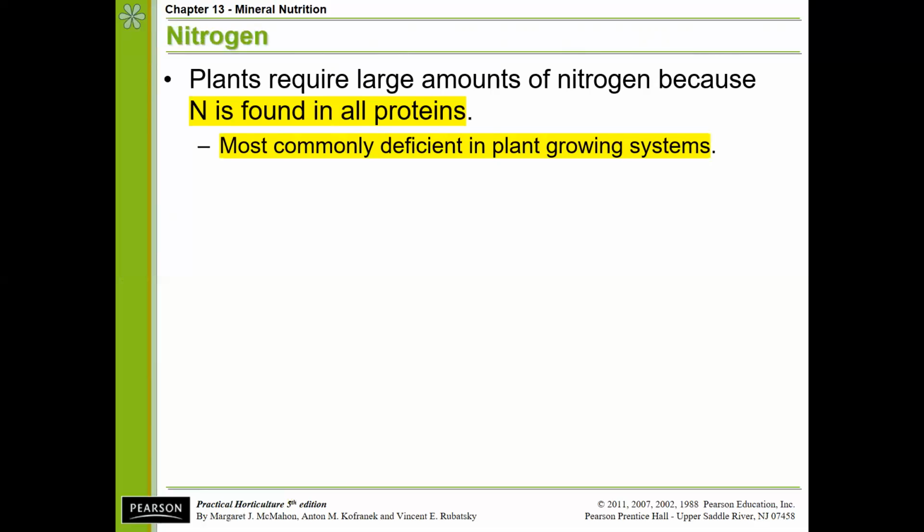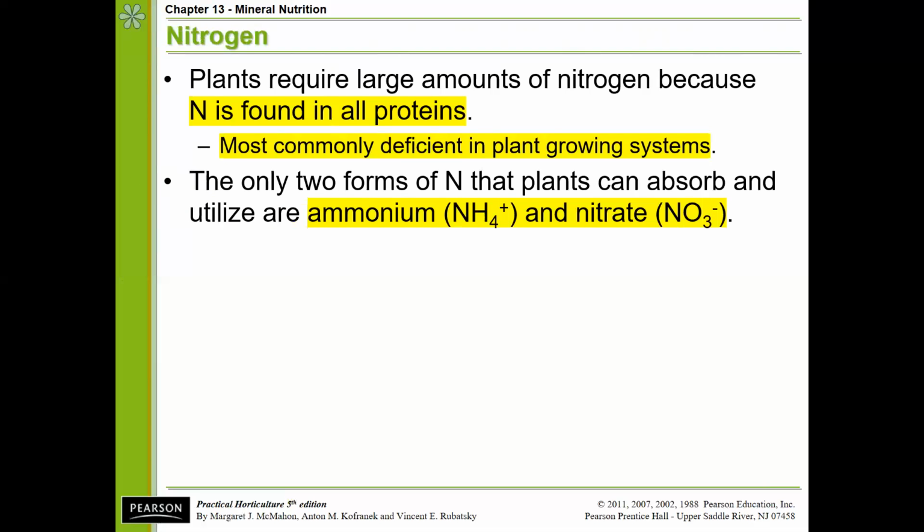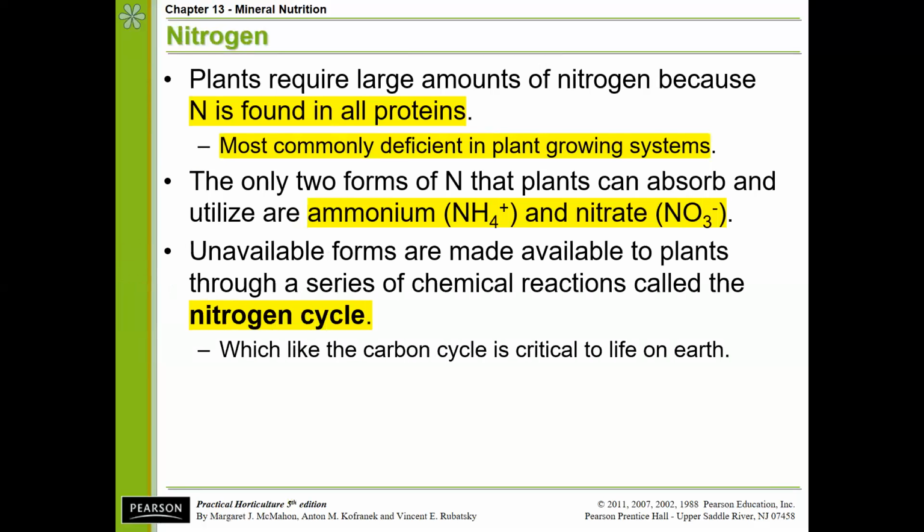It's a primary element in these carrier proteins, which move other nutrients, as well as DNA itself. The two main forms of nitrogen that plants can absorb and utilize are ammonium and nitrate: NH4 plus, the cation, and nitrate, NO3 minus, the anion.